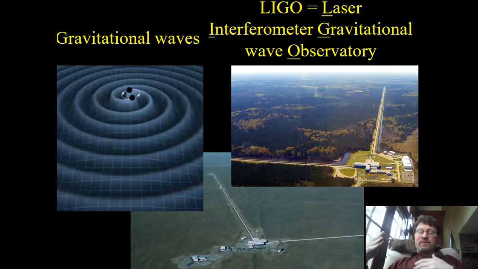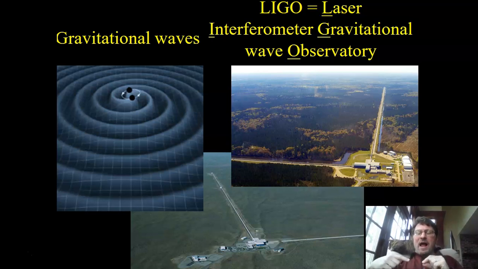Why would it experience a different path length? Let's say one of these gravity waves from two merging black holes far away, maybe in another galaxy, passes by and through our Earth, and they stretch and compress the distance along one or both of these arms. And as a result, the laser beam has a different distance to travel.